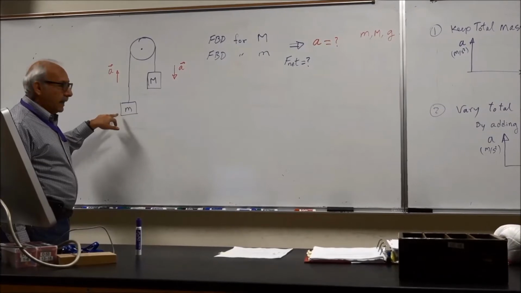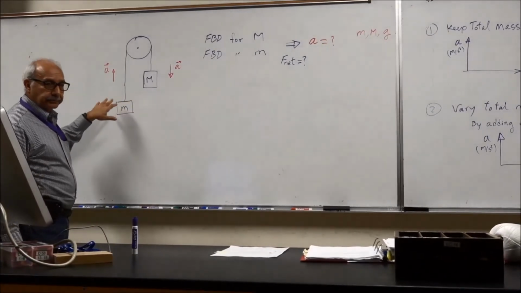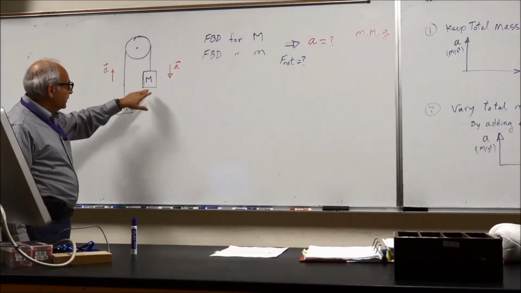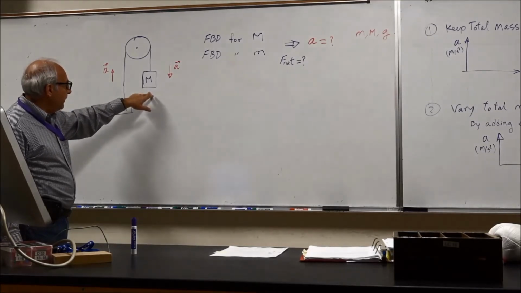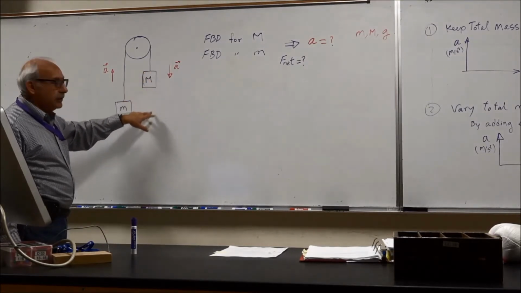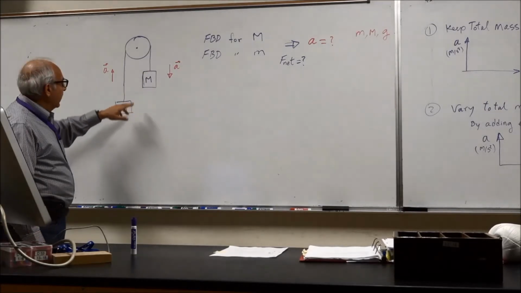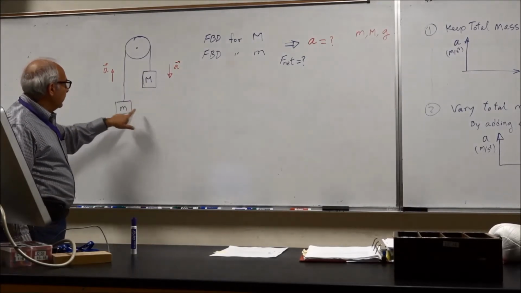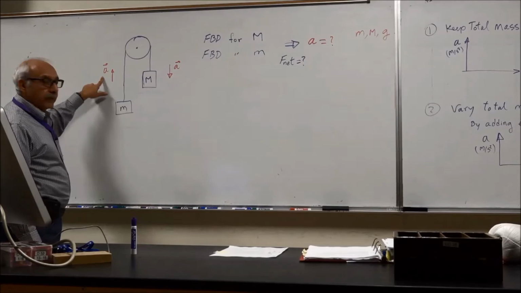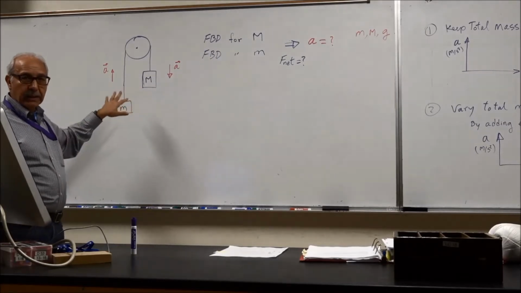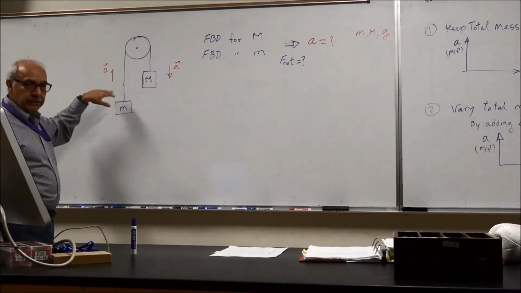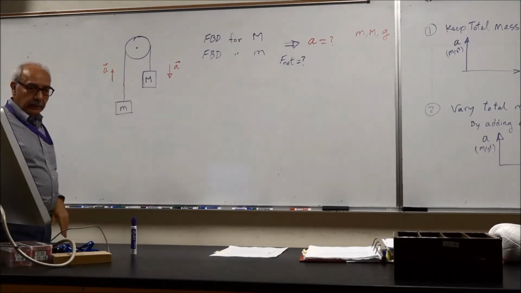Obviously, there is a force acting on that side. So the net force is on the side of the capital M, and this whole thing is going to accelerate downward on this side, and it's going to accelerate upward on this side. The acceleration should be the same on both sides. One is the opposite of the other one.